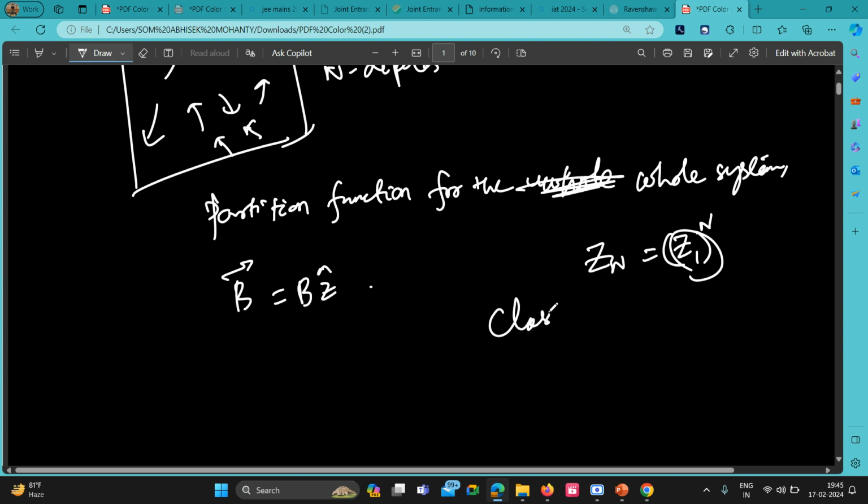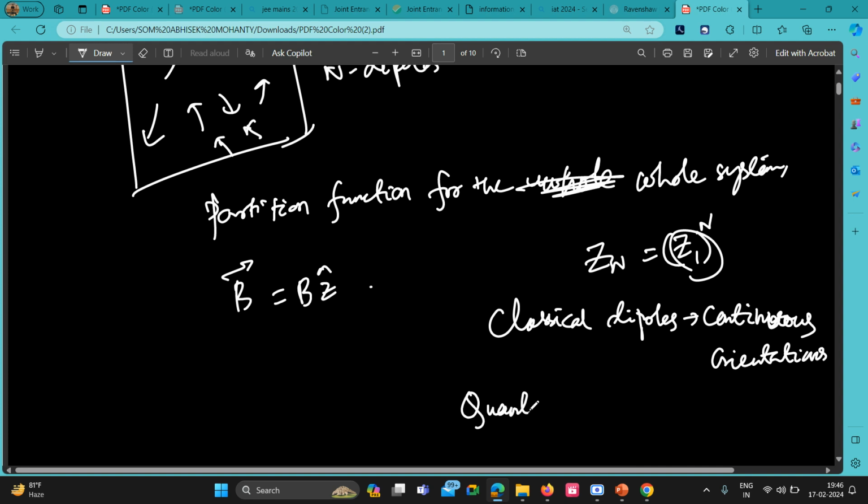Classical dipoles orient in continuous directions, but quantum dipoles will orient in discrete orientations. Discrete means particular orientations, not continuous.